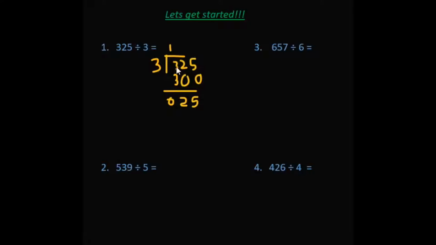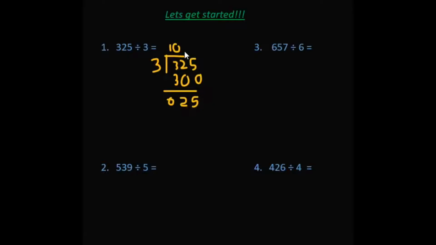Now we got an answer of 25 here. 3 can't go into 2, so we put that 0 here because 3 goes into 2 zero times. Then we move on to 25. How many times can 3 go into 25? Let's count: 3, 6, 9, 12, 15, 18, 21, 24. So 8 times 3 is 24.